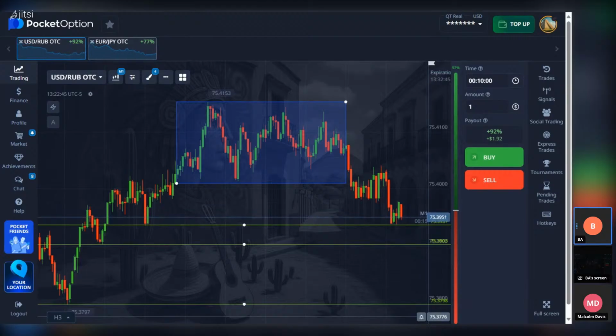So it's either going to continue going up or it's going to come down. Yeah, but we want it to go down because price is expensive.